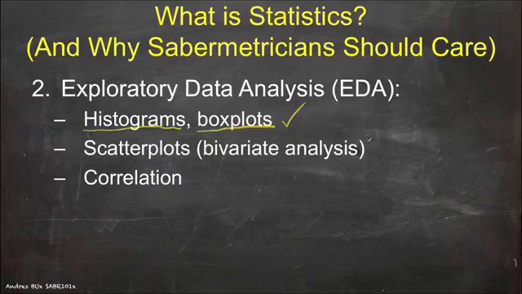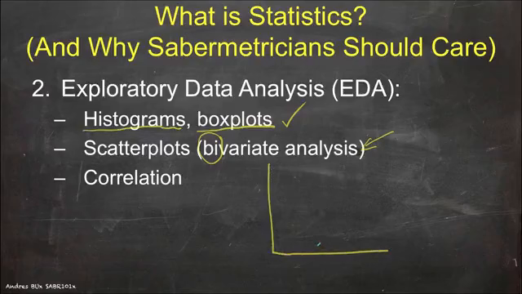Another key thing that you like to do with data sets is explore the relationship between two variables. Bivariate analysis, bi meaning two, looking at two variables and trying to analyze them. And typically this is done with something called a scatter plot. Now a scatter plot is just an XY coordinate graph of the two variables under study.